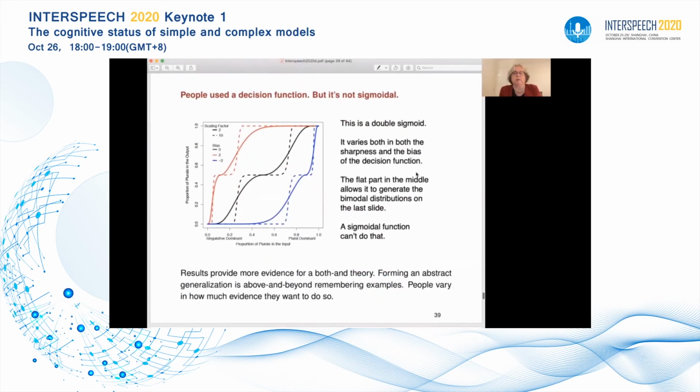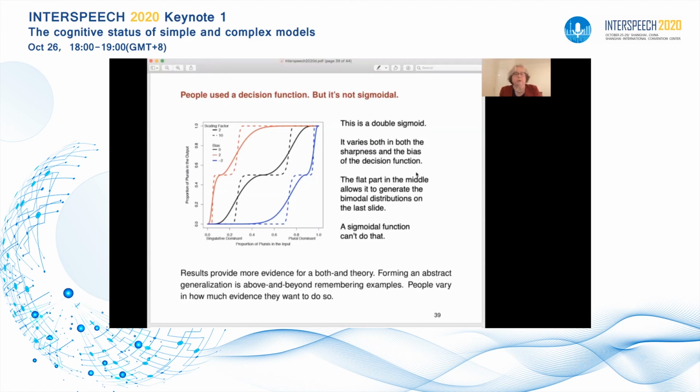So when we were modeling this data, we found that people used a decision function, but it's not sigmoidal. The function that fit really well was a double sigmoid. Like a sigmoid, it varies both in the sharpness and the bias of the decision function, but it has a flat part in the middle that allows it to generate the bimodal distributions on the last slide.